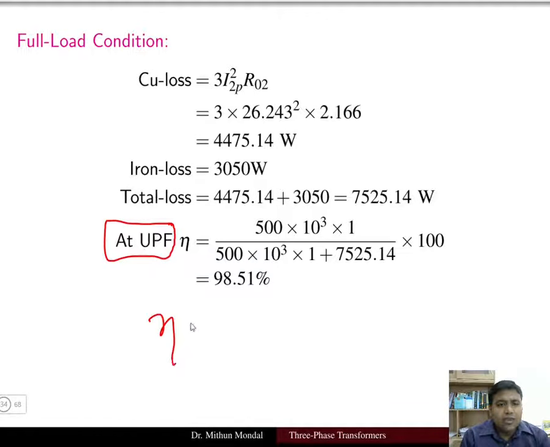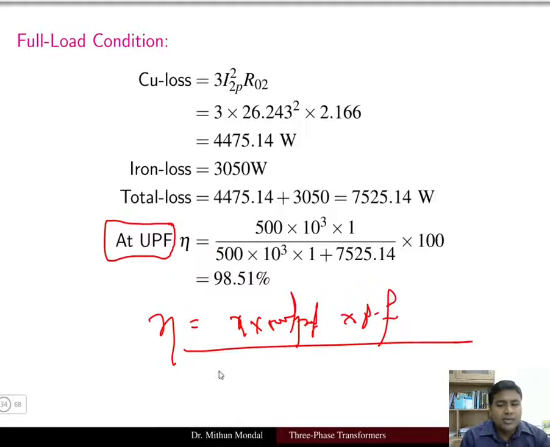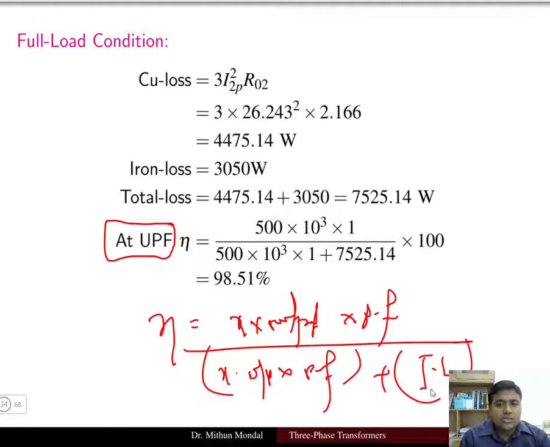So the general formula of efficiency is x times the output power multiplied by the power factor, divided by x times the output into power factor plus the total losses. So total losses is the sum of iron loss plus copper loss. Here the output is basically 500 kVA.